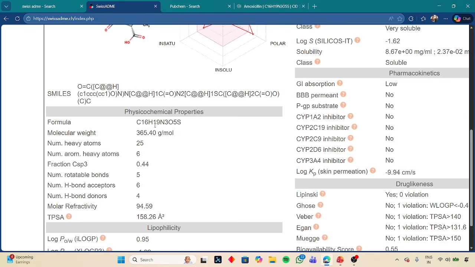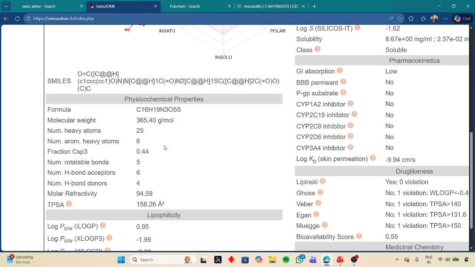Now talking about rotatable bonds. Here we have 5 different rotatable bonds. The number of hydrogen bond acceptors is 6 and the number of hydrogen bond donors is 4.